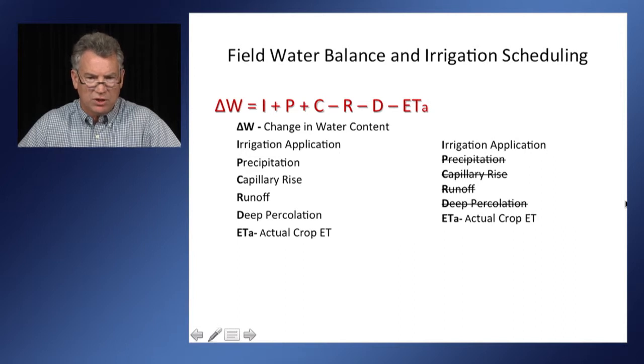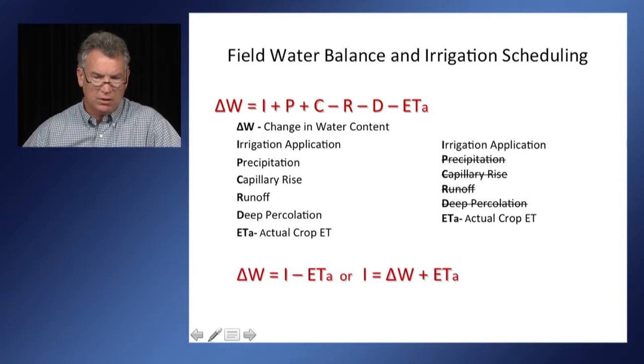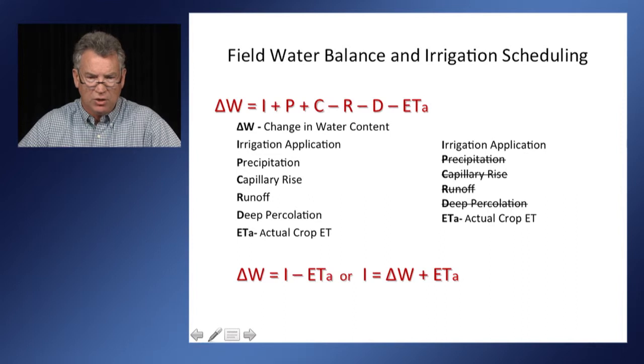Similarly, runoff and deep percolation are often minimal losses to the system. And if we calculate with those reduced elements, if we look at the large majority of changes in soil water content, they occur because of irrigation inputs as well as evapotranspiration, the removal of soil water.